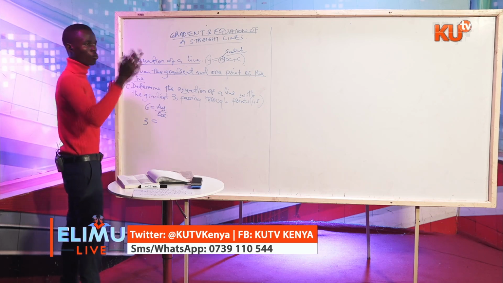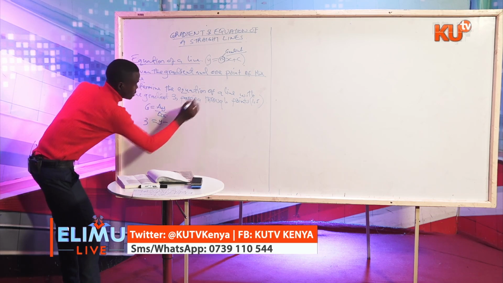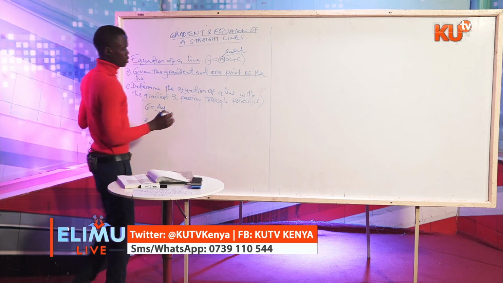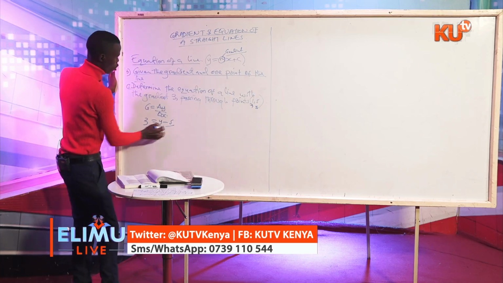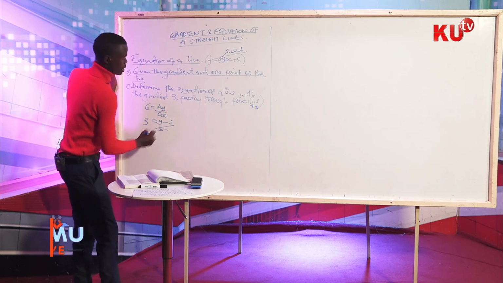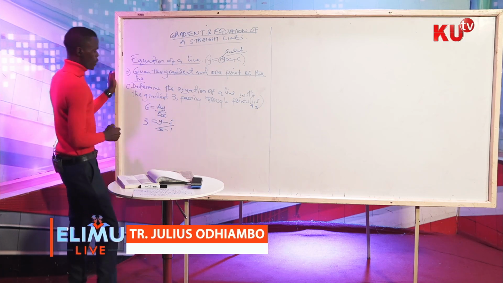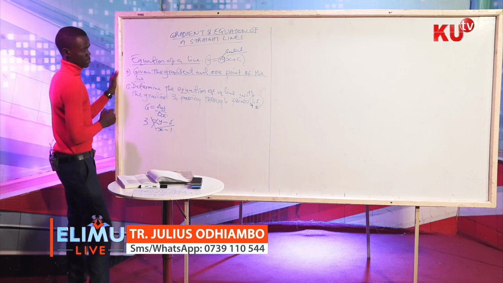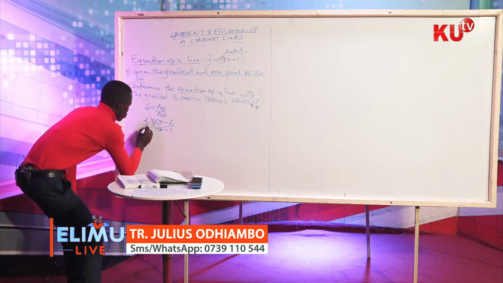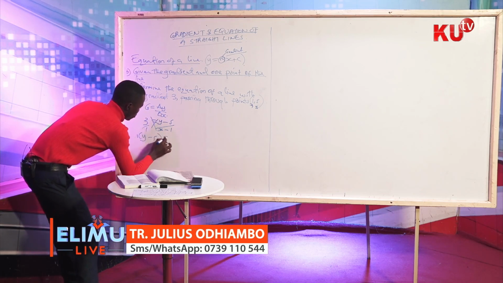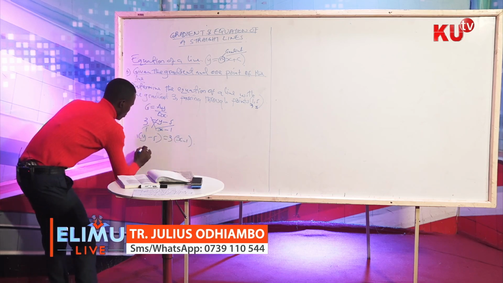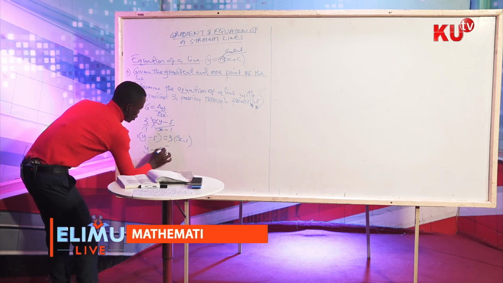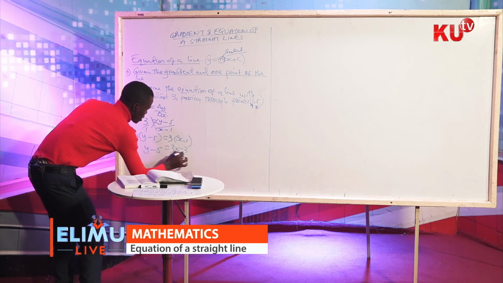We take an arbitrary point y, y minus 5 over x minus 1, that is x1, y1. So we cross multiply, this is over 1. 1 into y minus 5 equals 3 into x minus 1. So it will be y minus 5 equals 3x minus 3.